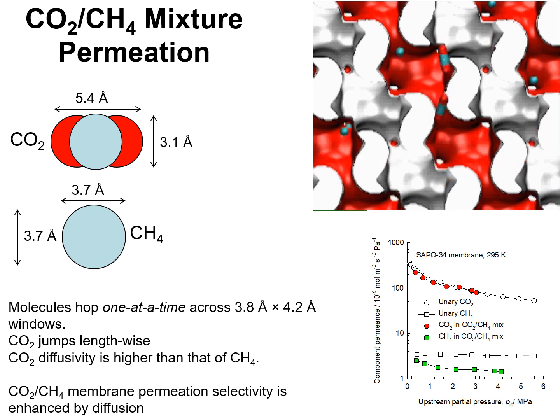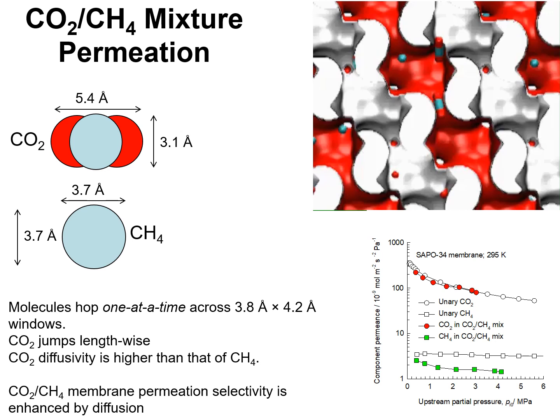The experimental data for mixture permeation across a SAPO34 membrane, which has the topology of Chabazite, is shown here, in which the component permeances are plotted against the upstream partial pressures. The filled symbols are the component permeances in the mixture, and the open symbols are the component permeances of the single components.